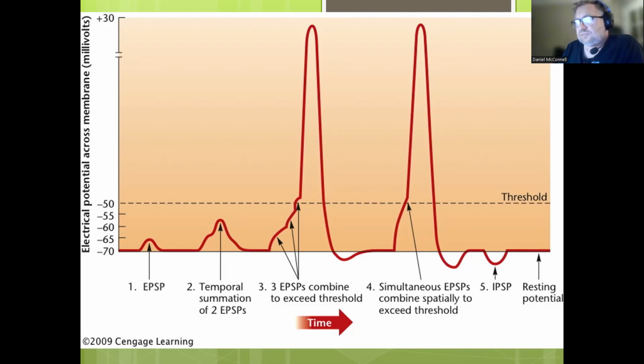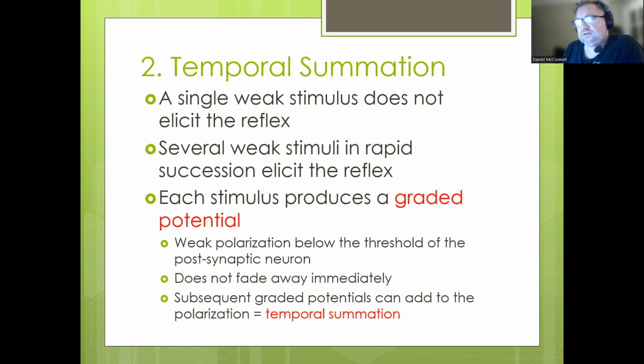So in that case, any one individual stimulus is too weak to stimulate that particular neuron. But if those 3 weak stimuli occur close enough together in time, they're going to combine their effects, right? And let's come back. That is called temporal summation. Weak stimuli create graded potentials.